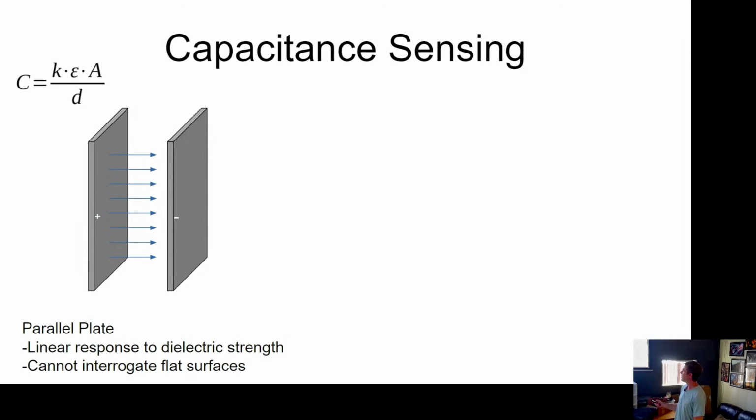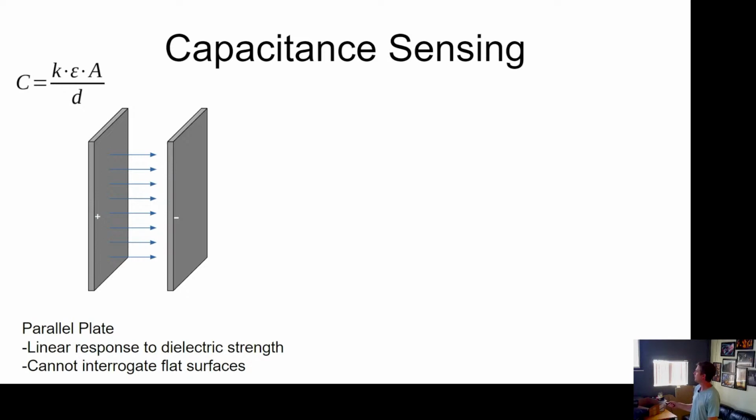And this capacitance signal is linear to either of these variables. And if you have some kind of dielectric material or non-conductive material in between, that also increases the capacitance, this K term here. So that's kind of what we want to try to sense, this K.